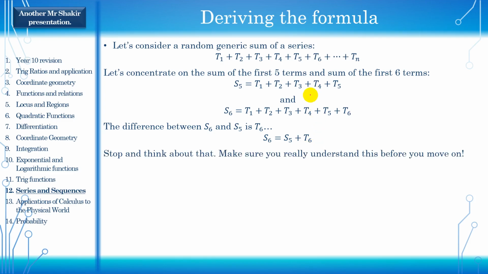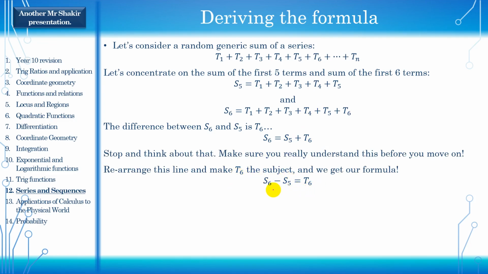Let's just rearrange that algebraically, and you'll get that the 6th term is equal to sum of the first 6 terms minus sum of the first 5 terms. So if we wanted to find out the 50th term, we could get the sum of the first 50 terms minus sum of the first 49 terms, and you will get the 50th term.